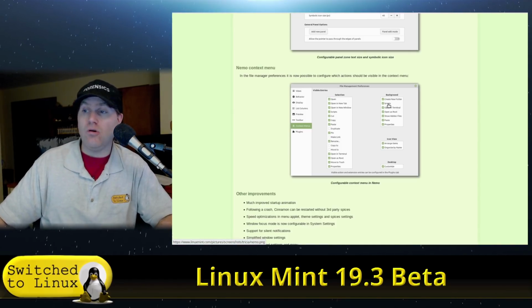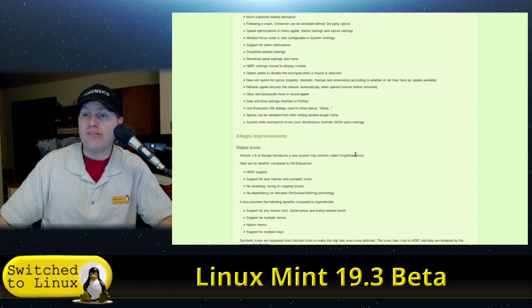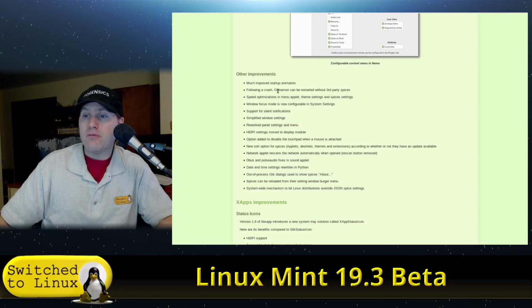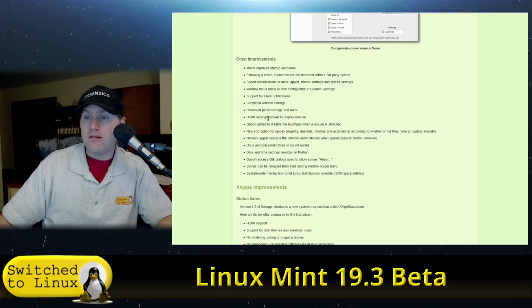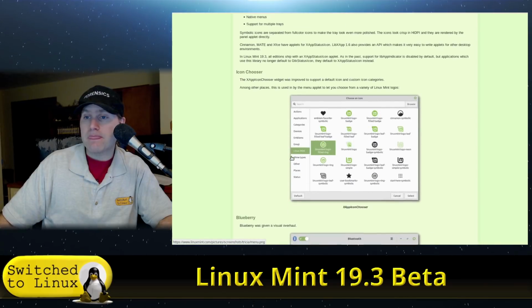Wow, that's actually cool. As long as it's not buggy, because then if there's things you never ever use, you could just kick them out. That's pretty sweet. Other improvements, startup animations, following a crash Cinnamon can be restarted without third-party spices, speed optimizations, window focus is now configurable. A lot of neat stuff.